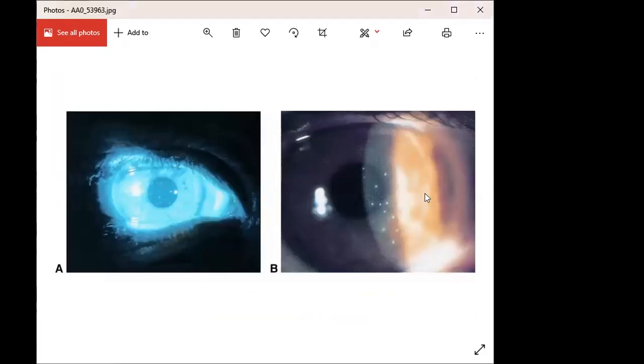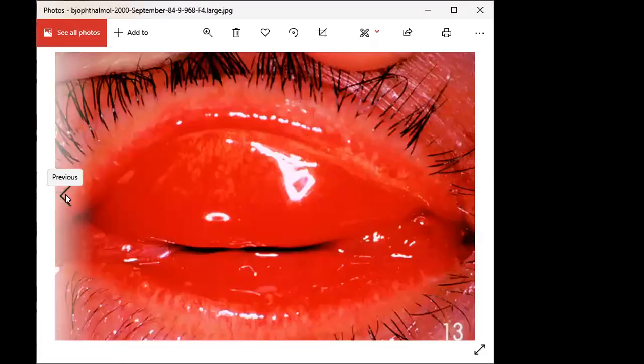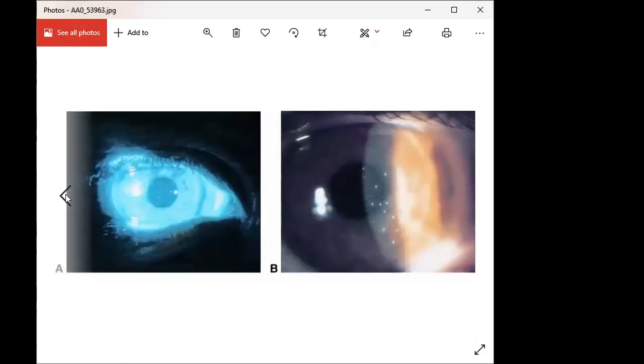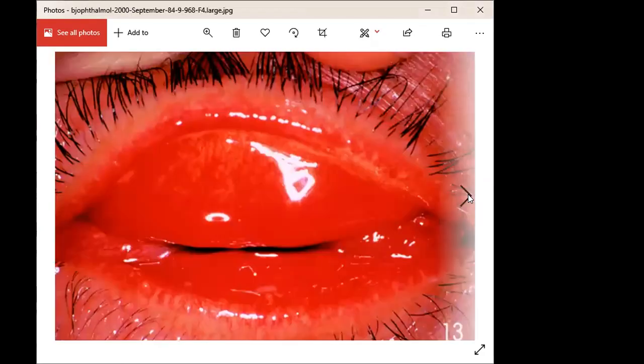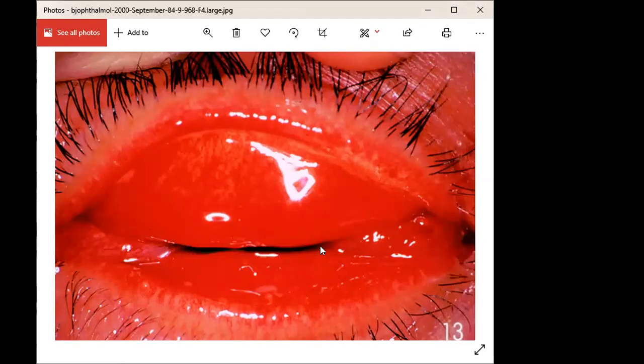These are the superficial punctate keratitis, sorry, punctate keratitis. This is an acute herpetic eruption of the eyes, acute herpetic follicular conjunctivitis.